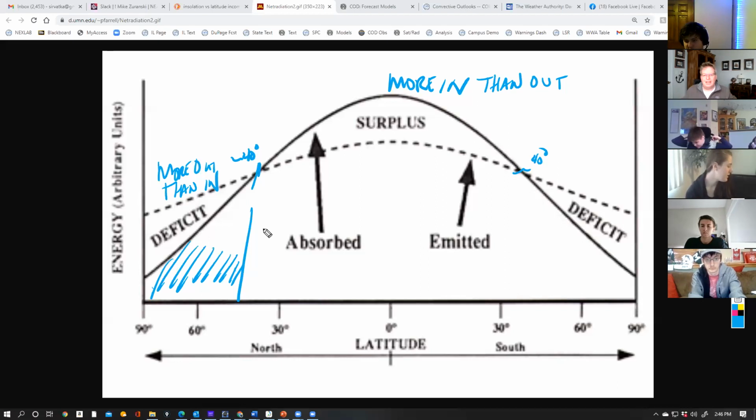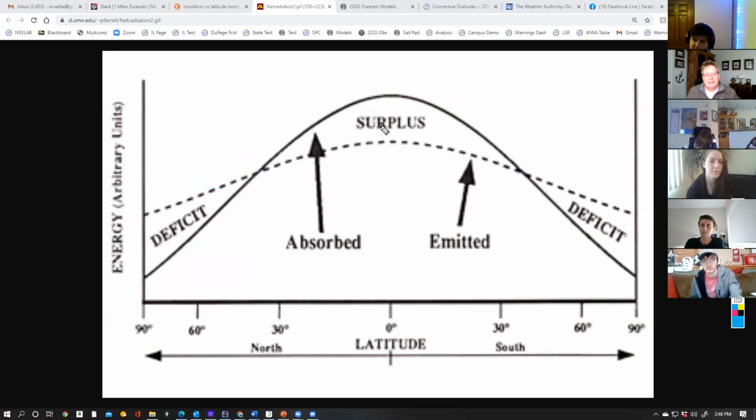So do you agree that we have part of the Earth trying to get warmer, and part of the Earth getting colder? But what does that mean? It means that when I look at the Earth, there's the Earth, and this is around 40 degrees latitude.